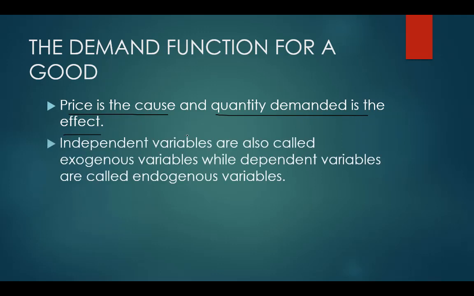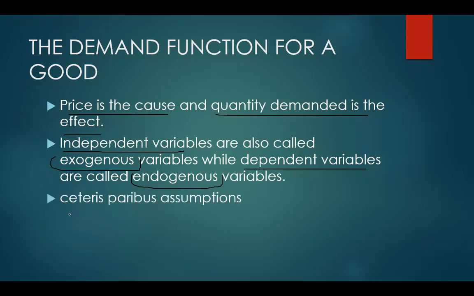Price is the cause, and quantity demanded is the effect. Stated alternatively, price is the independent variable, while quantity demanded is the dependent variable. In technical terms, independent variables are also called exogenous variables, while dependent variables are called endogenous variables.